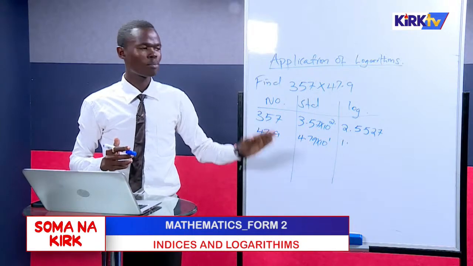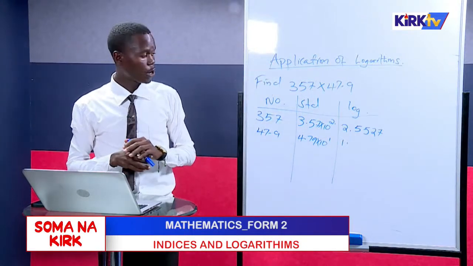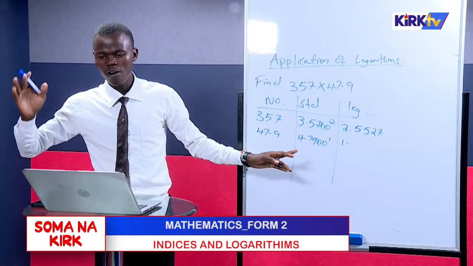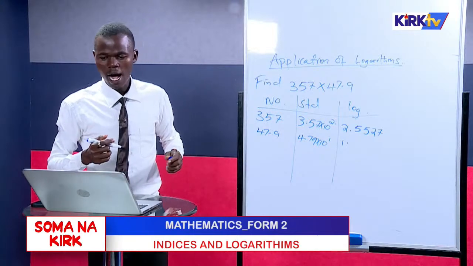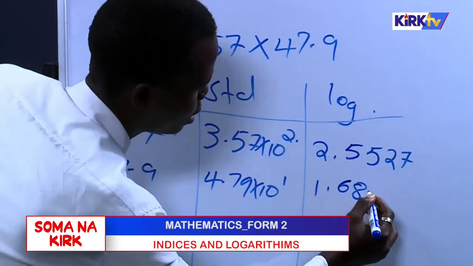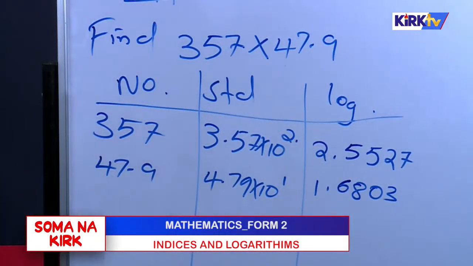Then we check the column between 0 to 9 where we get the value of 9, which is in the foremost. So when we do that, our answer will be 1.6803.